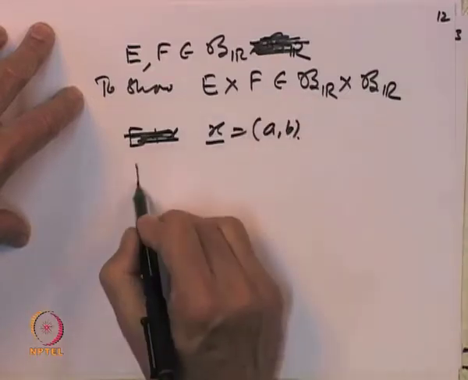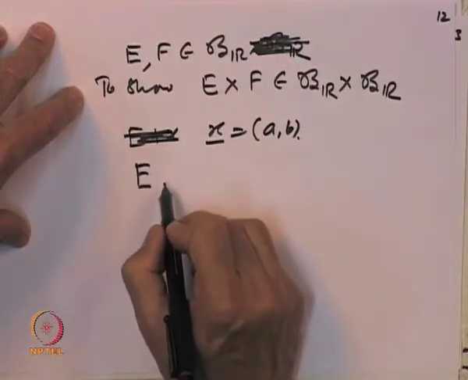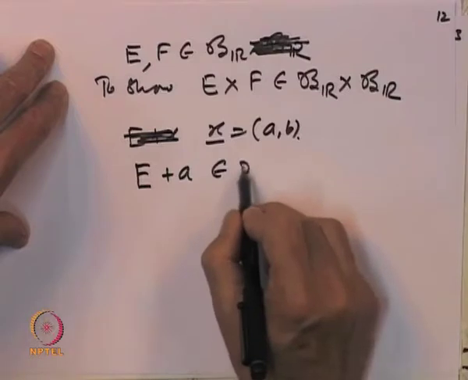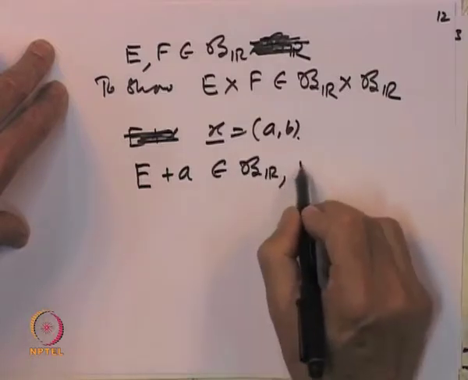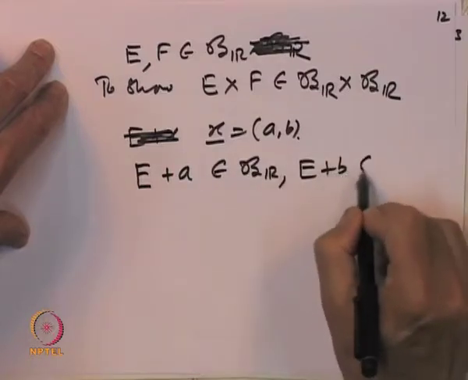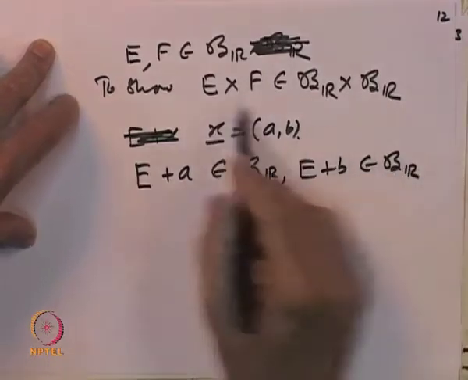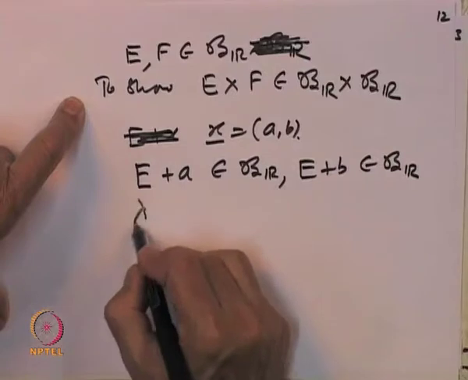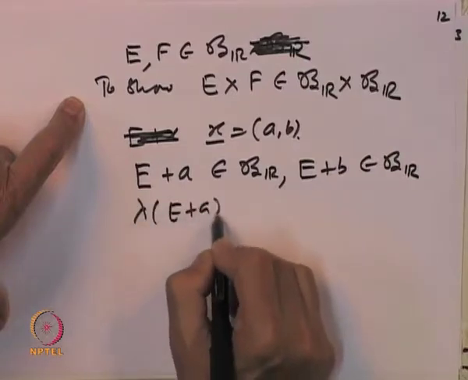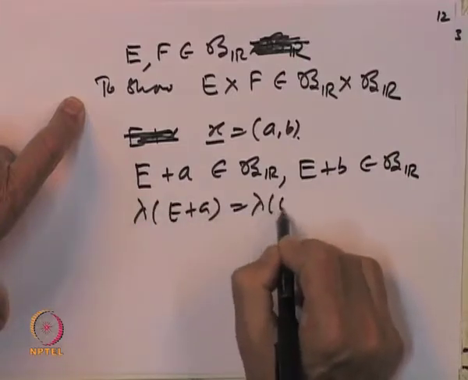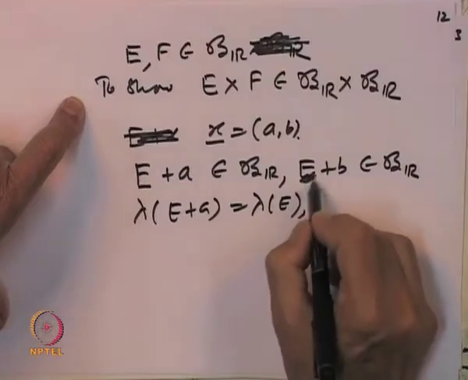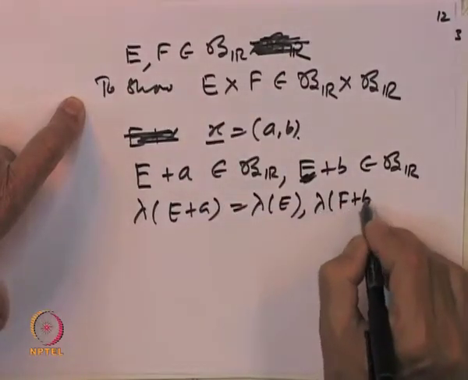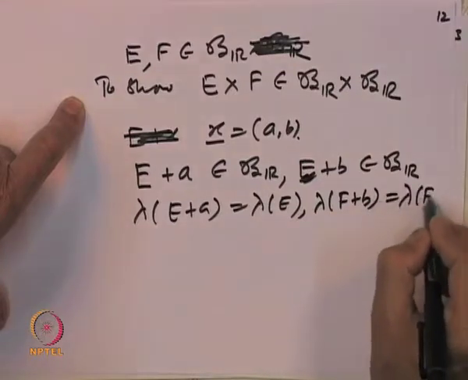Then we know that E plus a belongs to B r, and also F plus b belongs to B r, because E and F are subsets in B r. So, the translates belong, and lambda of E plus a is the same as lambda of E, and lambda of F plus b is the same as lambda of F.